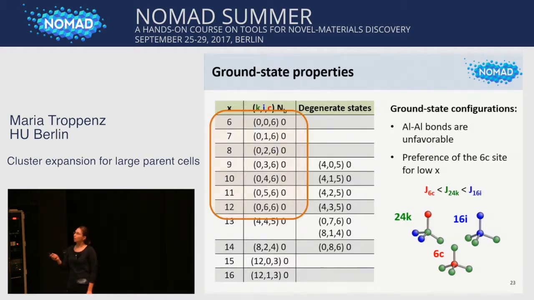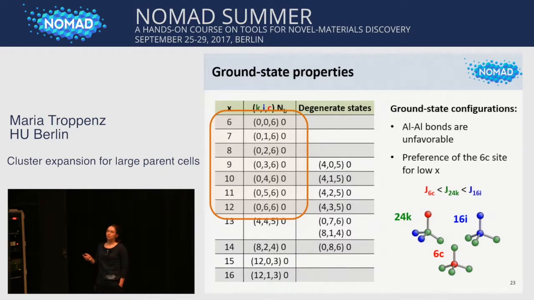So you see in the low substitutional range, from 6 up to almost 12, the c site is fully occupied. And with adding aluminum atoms to the structure, the i site gets occupied. This occupation of the i site is a bit contradicting, because if we look at our one-point cluster interactions, the c site is preferred. Then comes the 24k site.